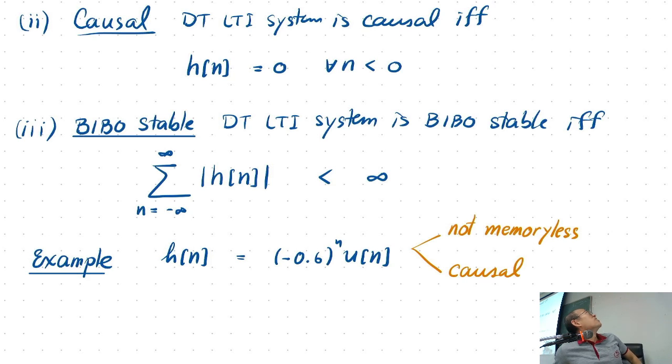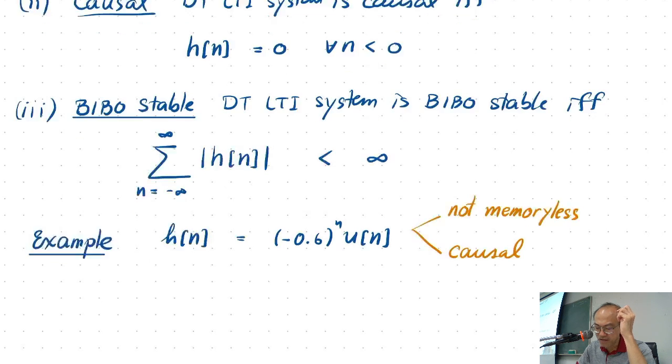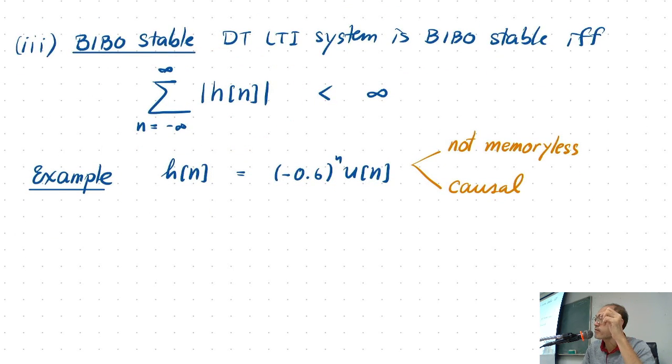Now, is it stable? To check whether this system is stable, I have to check this summation to see whether it is finite or not. So let's do that.